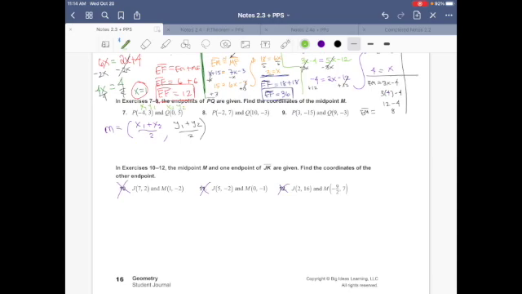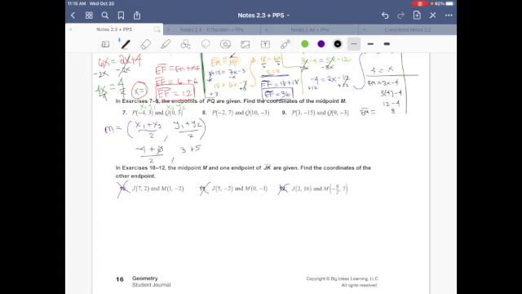And so my x1 is negative 4, and my x2 is 0, divided by 2. And my y1 is 3, and my y2 is 5.